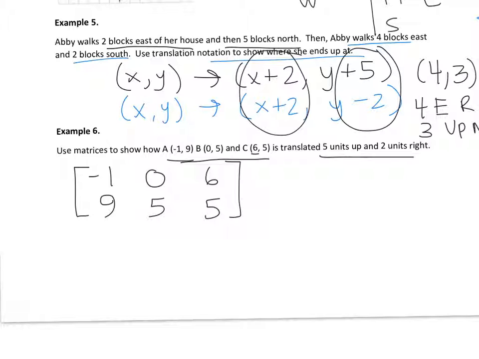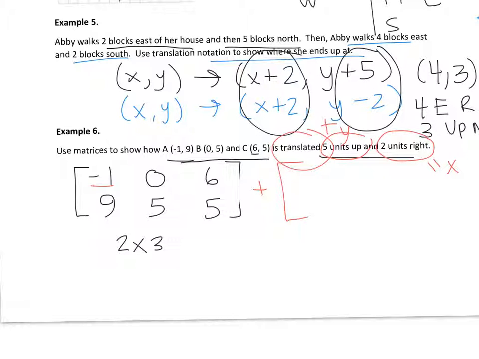So this is a 2 rows by 3 column matrix. When you translate, you're going to add a matrix. The matrix that you're going to add is 5 units up and 2 right. 2 right deals with the x, 5 units up deals with the y.